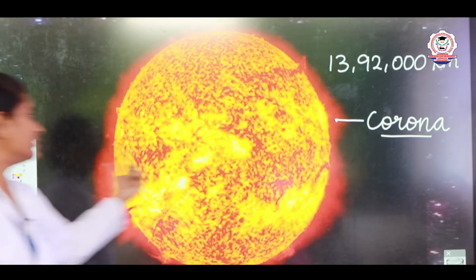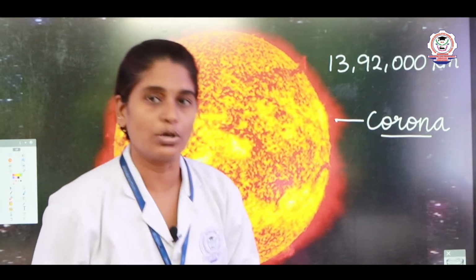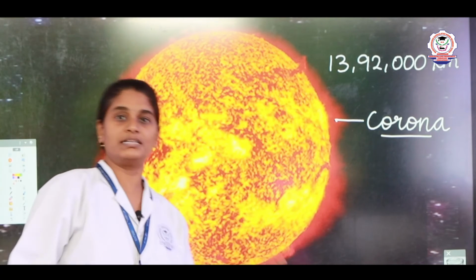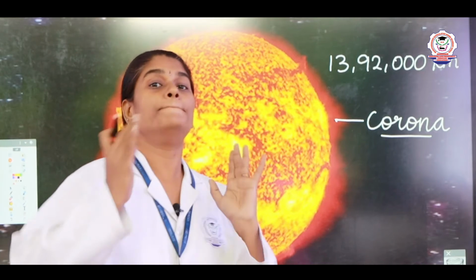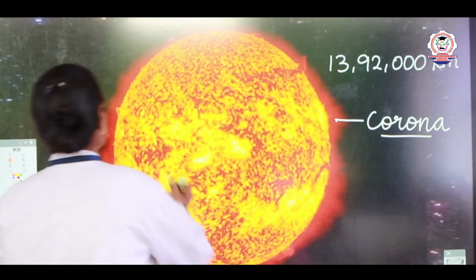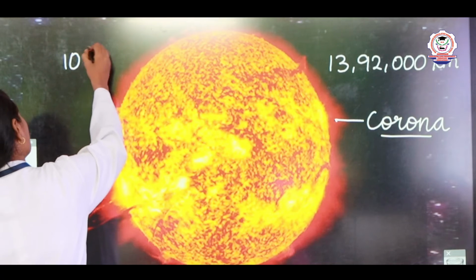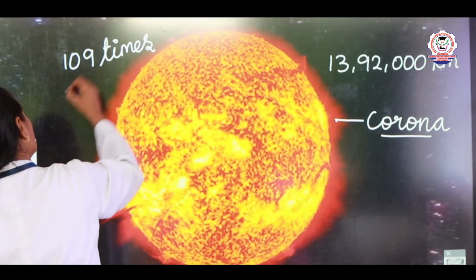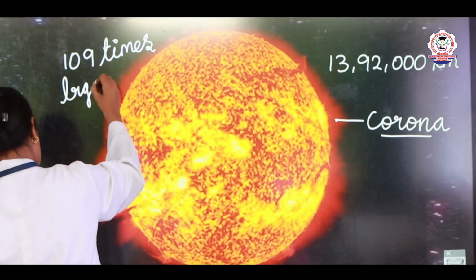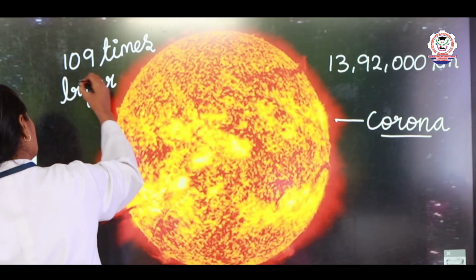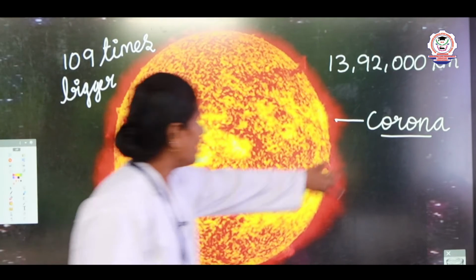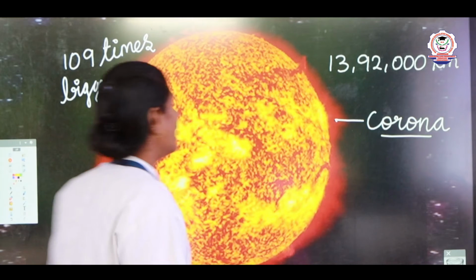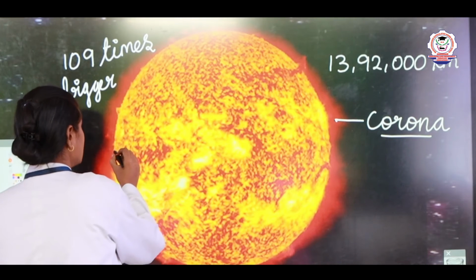If you see the size, the sun is about 100 times bigger than the earth. It is about 109 times bigger than the earth.